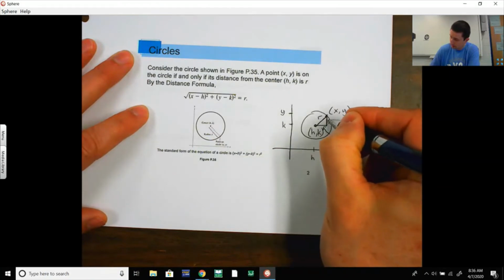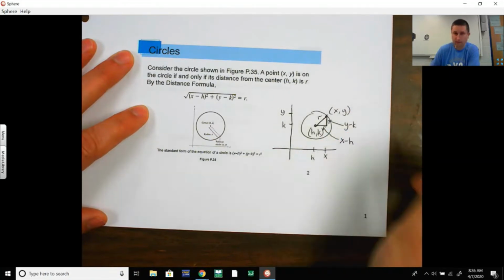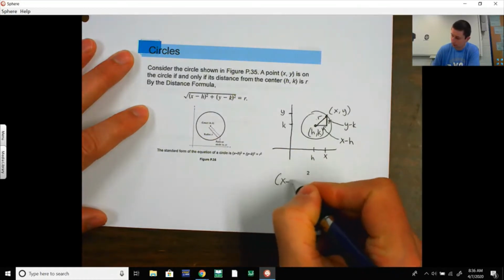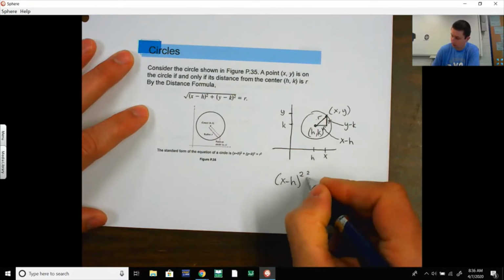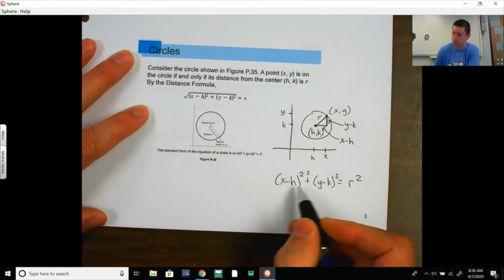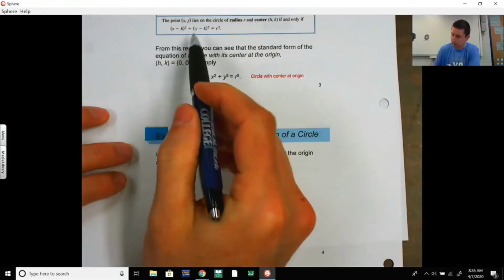So the height of this triangle would be y minus k. That's kind of like the a, the b, and the c. a squared plus b squared equals c squared. So that's where we get our formula from: (x minus h) squared plus (y minus k) squared equals r squared. That's where you get the standard form of the equation.